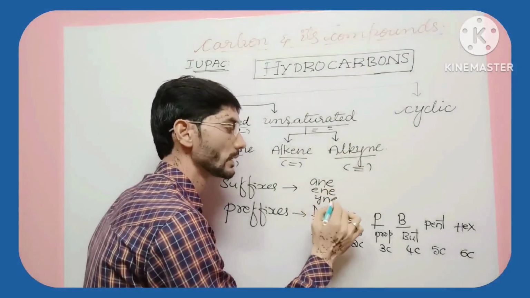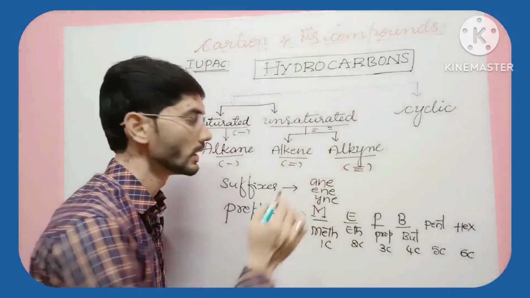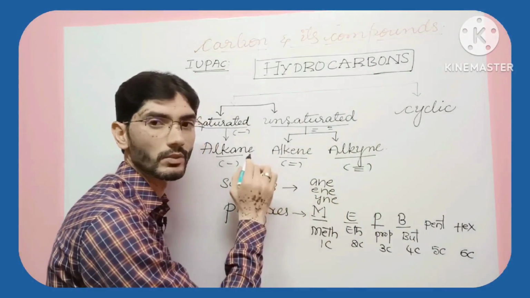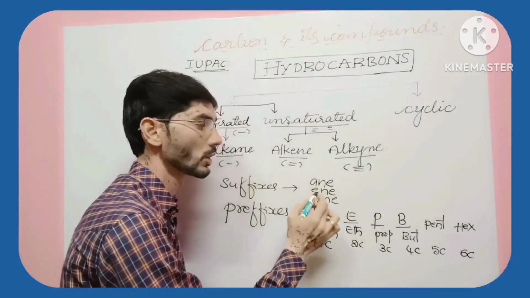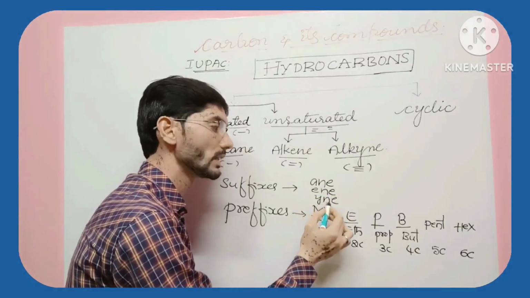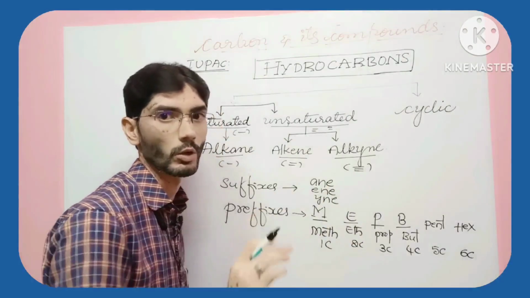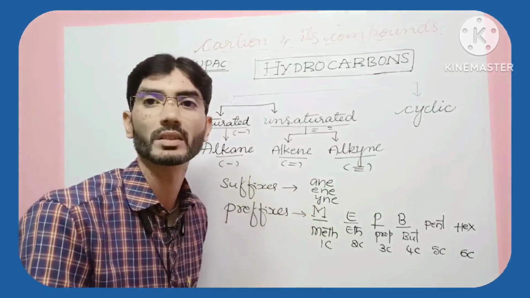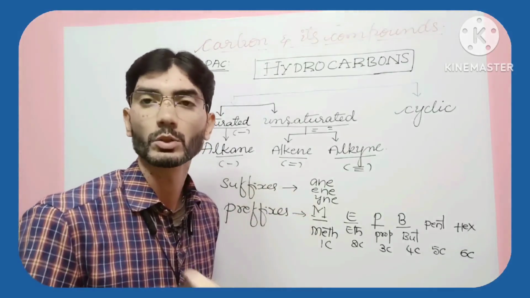This is one more suffix. You need to remember alkane belongs to the alkane family, which is single bond. Alkene means double bond. Alkyne, YNE, means it is triple bond. I hope you have understood this. If not, revise once again and watch the video so you may get clarity.